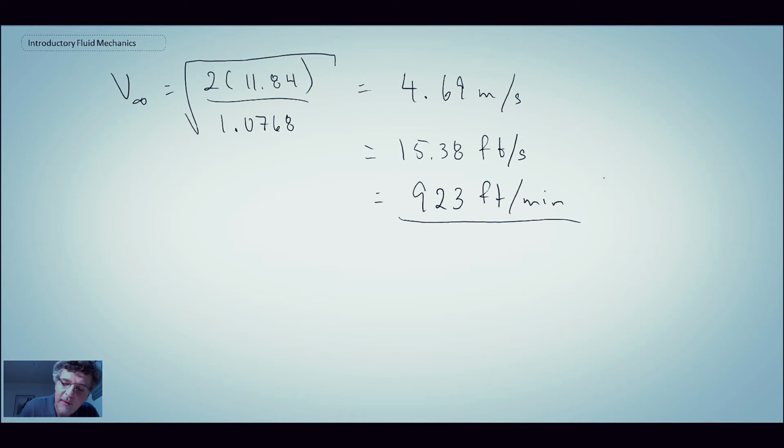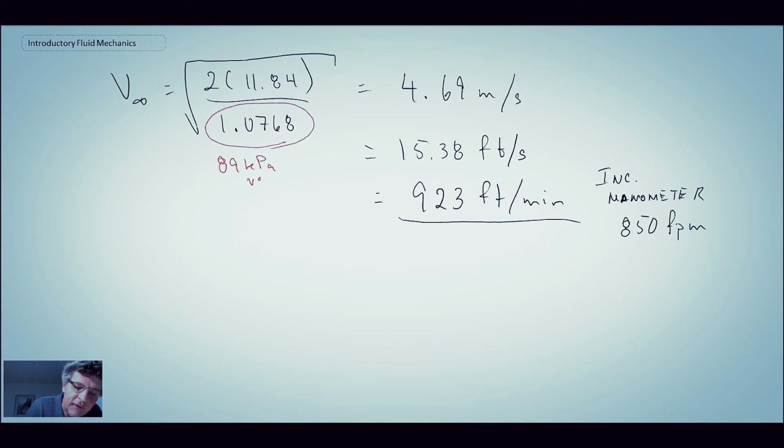The inclined manometer had been calibrated, and it was giving us a value of 850 feet per minute. So there's an error there, and the source of that error comes from the fact that when I calculated density here, I used a pressure of 89 kPa versus 101.325 kPa. So let's take a look at what happens if we make that correction and do this calculation at sea level, which it really wasn't, so that would be incorrect.